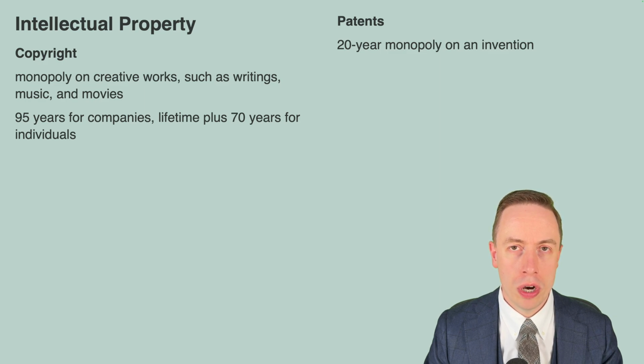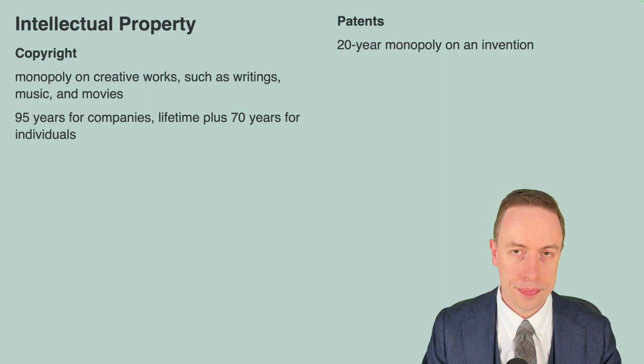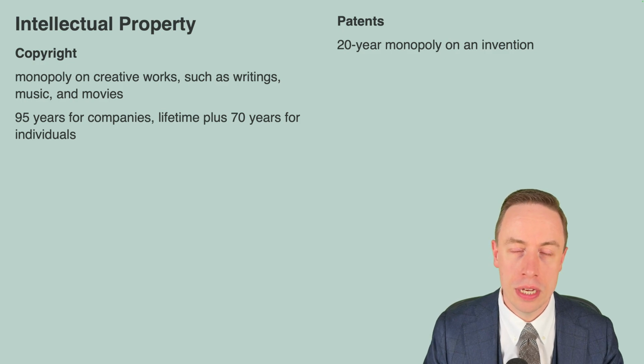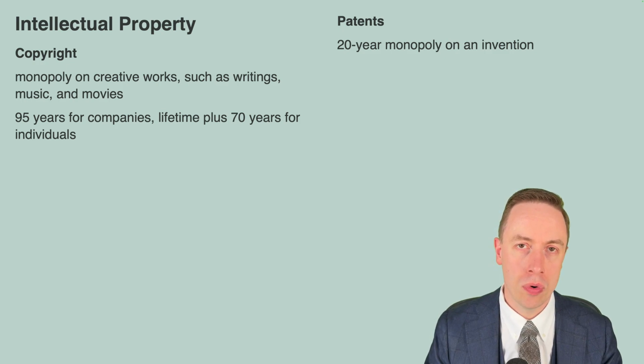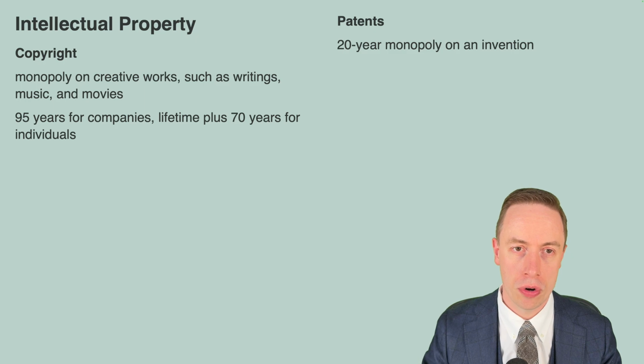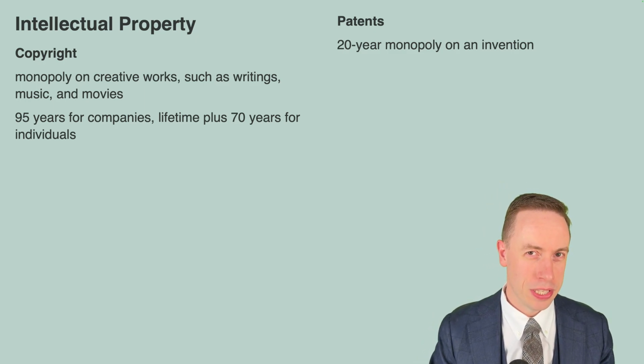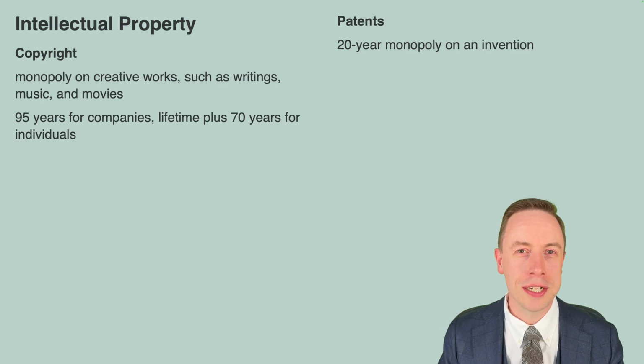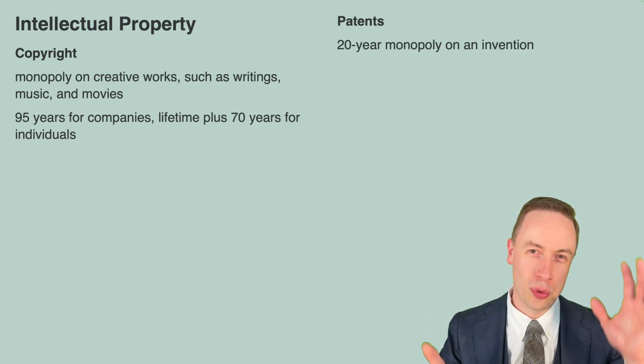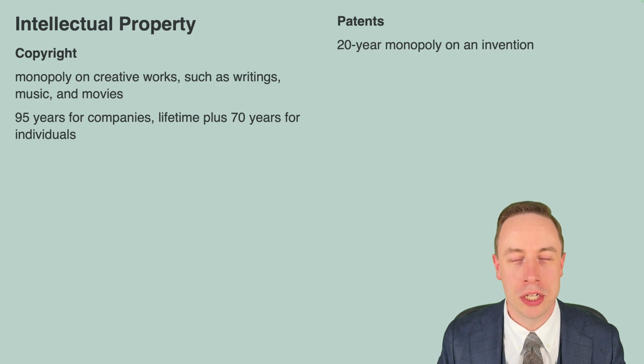And then on the creative works side, writings, music, movies, other things, we get a much longer term: 95 years if it's a corporate creation, or if it's an individual author or creator, until they are dead, plus 70 years after that. So it is a little bit interesting how the duration of the monopolies varies so much between these two.